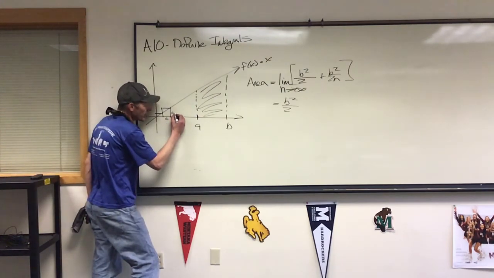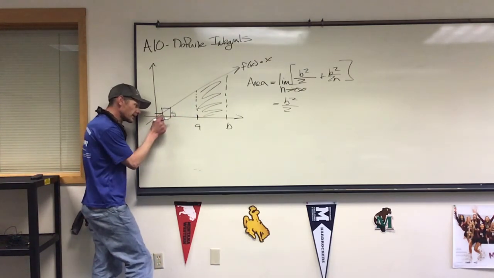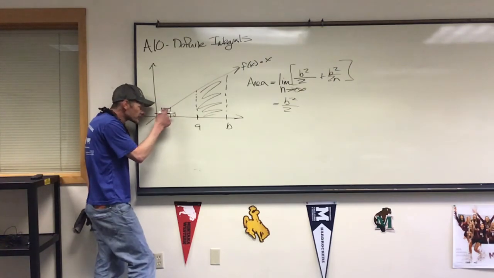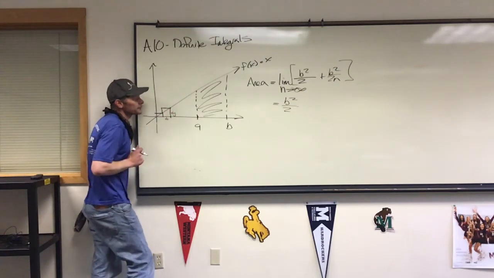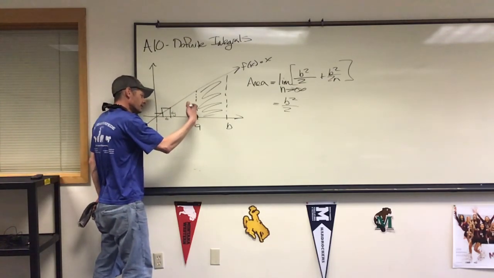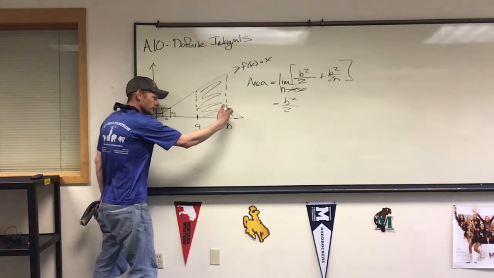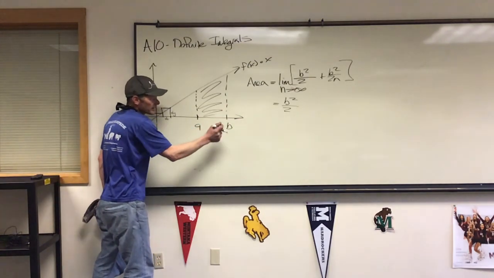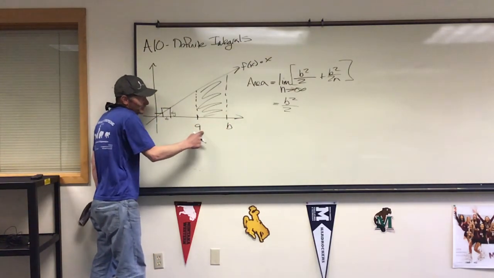This is a little change in y, I'm going to call it dy. We're taking all these little changes in x's and y's, multiplying them together and adding up that area. If I do that from here to here, versus from here to here, I'm going to get the same thing, except my b squared is going to be an a squared.